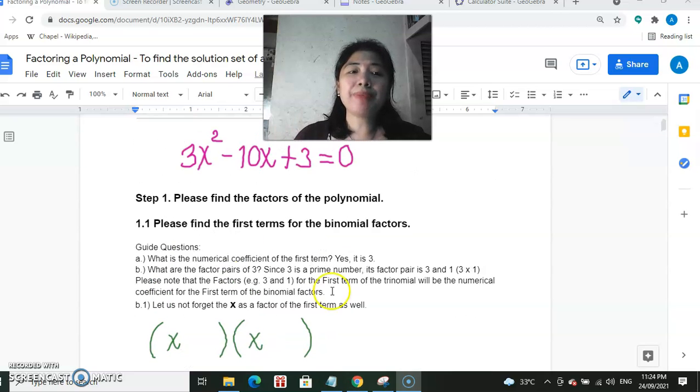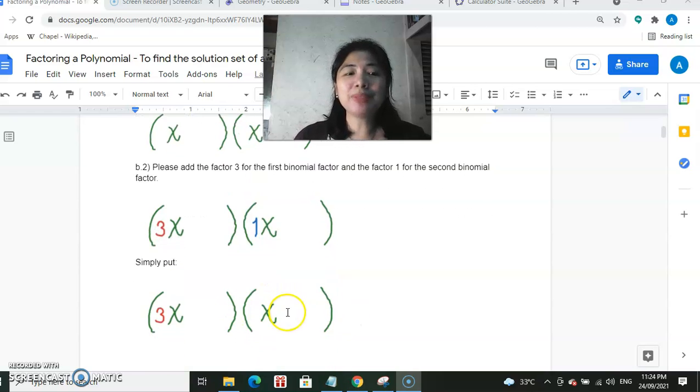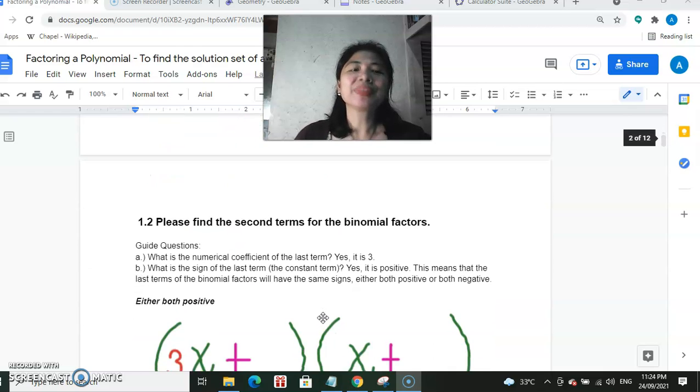Again, 3 is the number at the first term of the trinomial, and the factors of 3 are 3 and 1. So our first term in the first binomial factor is 3x, and the first term of the second binomial factor is 1x. Simply put, 3x and x. Okay, let's move on.